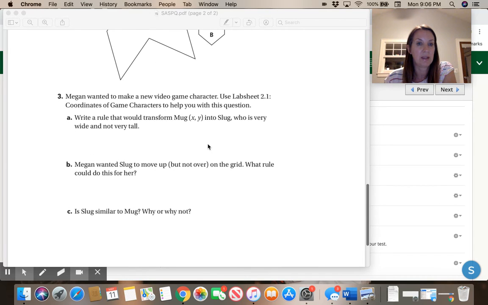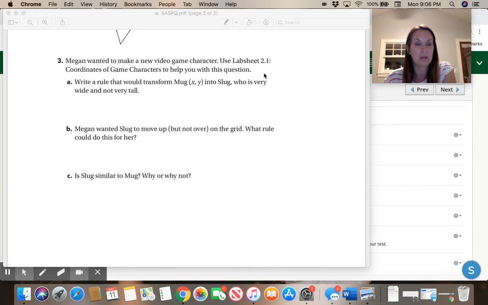Megan wanted to make a new video game character. Use lab sheet 2.1 coordinates of game characters to help you with this question. So that was the day we made Mug and the other Wumps. So you can use that lab sheet to help you figure out what you need to do for this question. Write a rule that would transform Mug, who was (x, y), into Slug, who is very wide but not very tall.